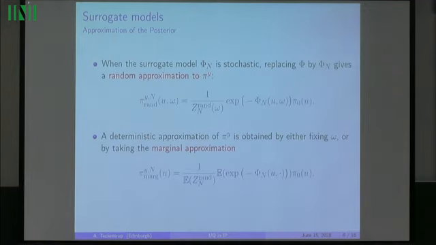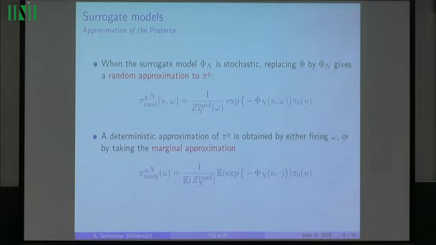So in that case, you have to think a bit about how you want to define the posterior PDF. If you just plug it in here, with the omega denoting the randomness, where omega is an element in a probability space, or a random parameter, then the PDF that you get is also random. So for different realizations of your stochastic surrogate model, you're going to get different realizations of the approximate posterior, which makes sense.